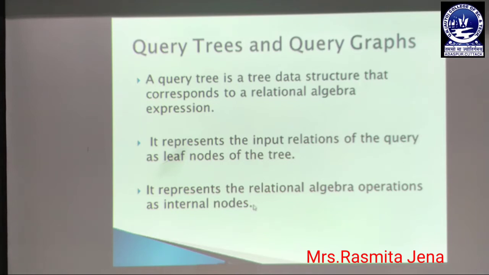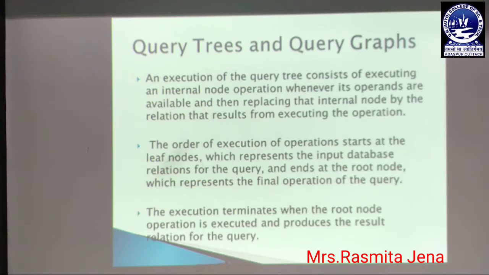That means those operations that are performed to generate the final result of the relational algebra expression are represented as the internal nodes of the query tree. Okay, and this is the procedure to generate a query tree of a particular relational expression.